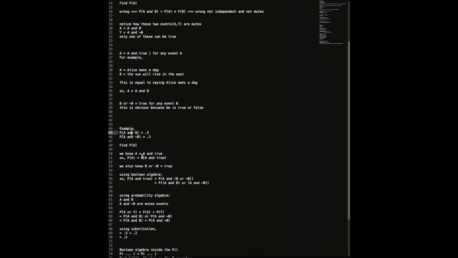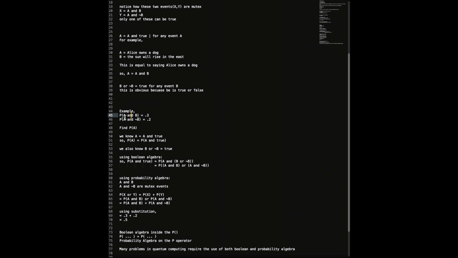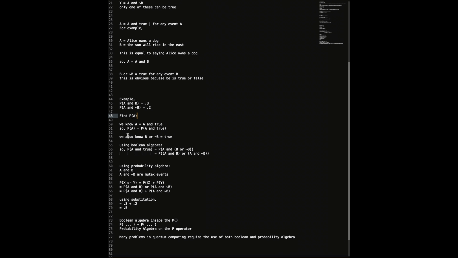Here's an example. Suppose the probability of A and B equals 0.3, and the probability of event A and not B equals 0.2. We have to find the probability of A. Well, we know A equals A and true, so the probability of event A is equal to the probability of A and true.